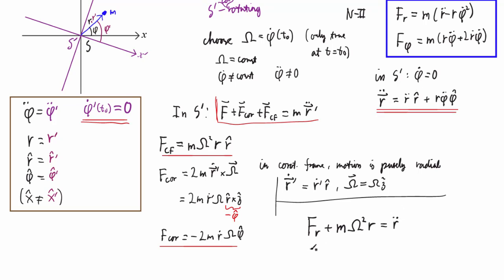Zero component of the acceleration, times m. And then in the phi direction, there's no phi component of the centrifugal force, so we just get this. And again, the phi component of the acceleration is r phi double prime.